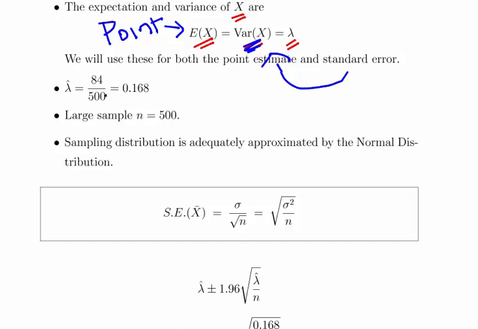We had 84 cases out of 500, so 84 divided by 500 gives us the expected number of cases that should arise for every particular policy. So 0.168 per policy. That's lambda hat.